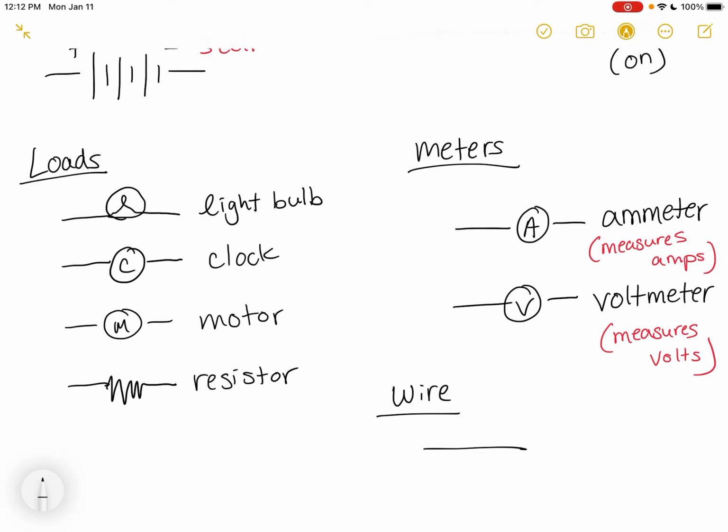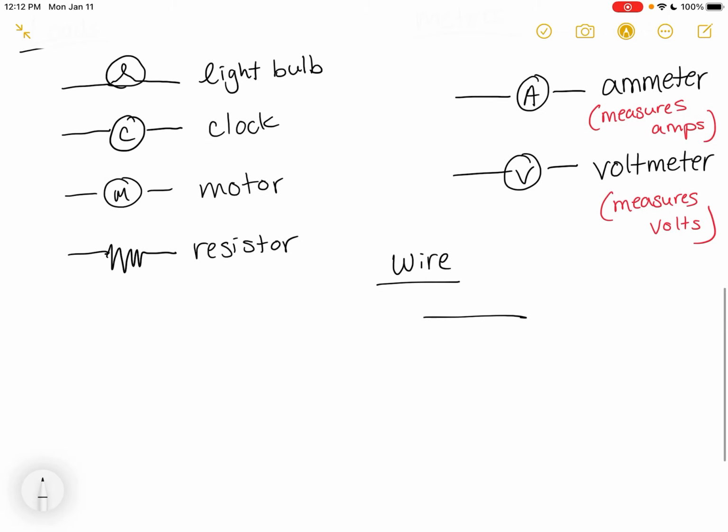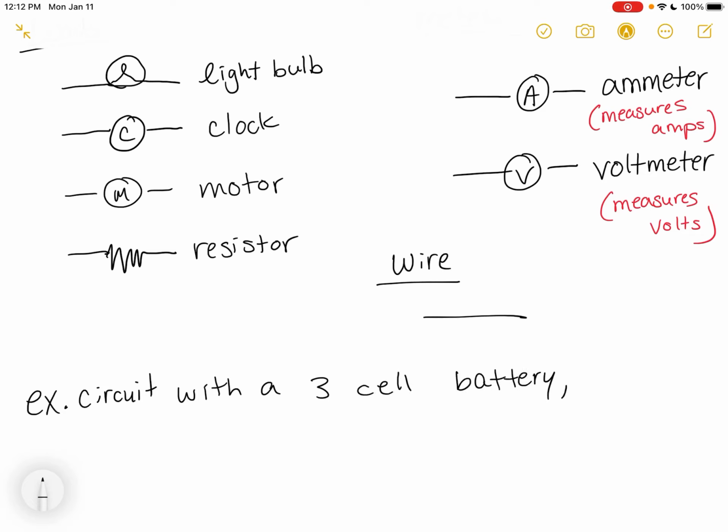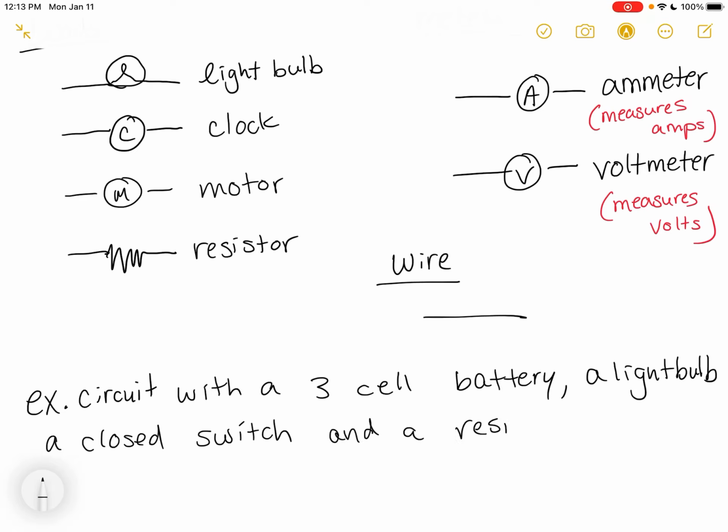Okay, so when we want to draw a circuit diagram, we're going to do an example here. So we'll have a circuit with a 3-cell battery, a light bulb, a closed switch, and a resistor.